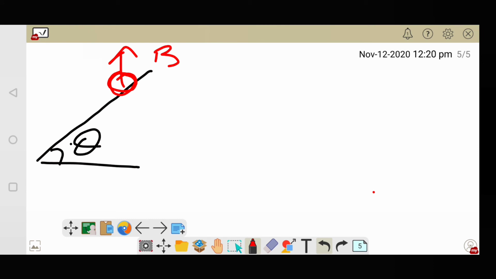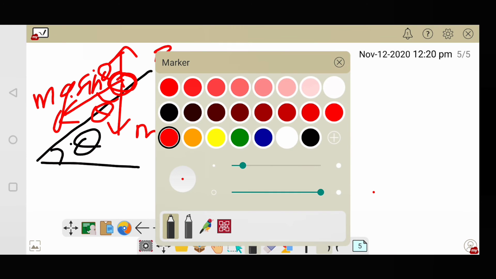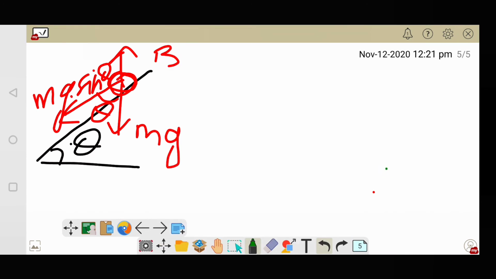If this is mg, the weight of the rod, and this angle is theta, then the component along the incline will be mg sin theta. Now this rod is carrying current I, flowing in the inward direction, and the magnetic field is in the upward direction, so the magnetic force will be in the horizontal direction.